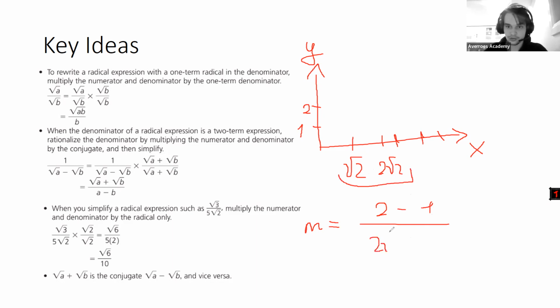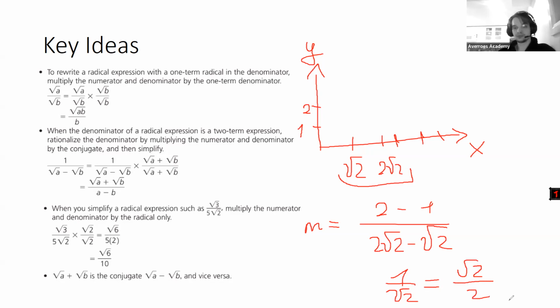So we're going to have 2 times square root of 2 minus square root of 2, right? And how would you solve this? Tell me. You would just say 1 by square root of 2? No, you still would need to simplify it, get rid of the radicals in the denominator, and you're going to see that the result is going to be square root of 2 divided by 2.